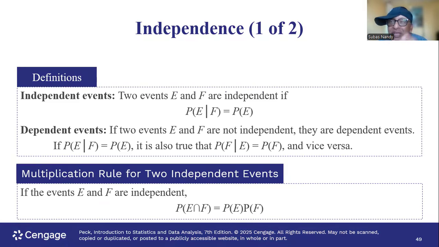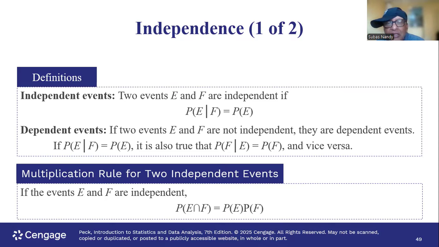What does it mean really? It means the conditional probability of E given F has already occurred is not at all influenced by the fact that F has happened first, because the probability of E given F is equal to probability of the individual event. So whether or not F happens does not matter in this case.